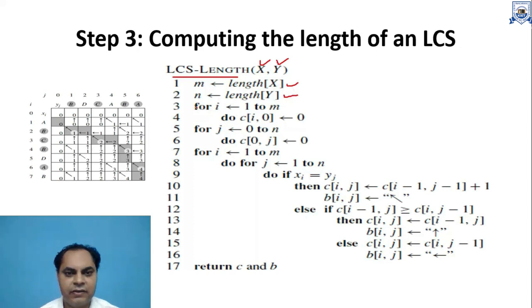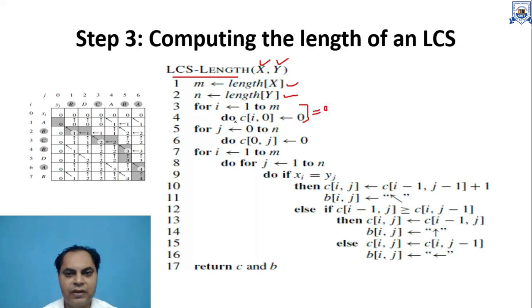In this for loop, for i equal to 1 to M, C[i][0] is equal to 0. That denotes that if the length of subsequence Y is 0, nothing would be common, and for every value of i, it doesn't matter what the size of sequence X is, the length of the LCS would be 0.